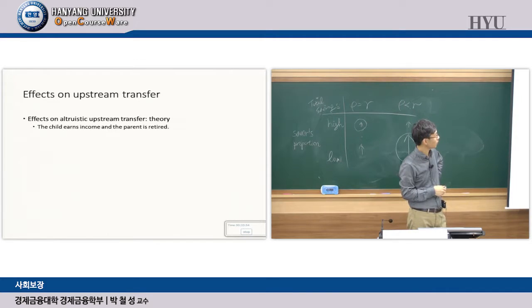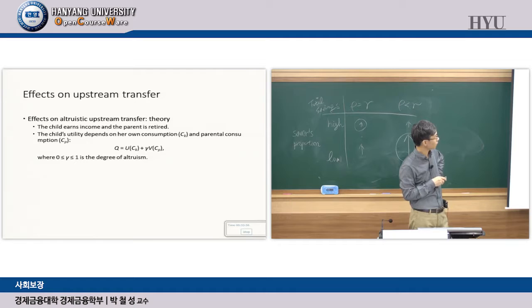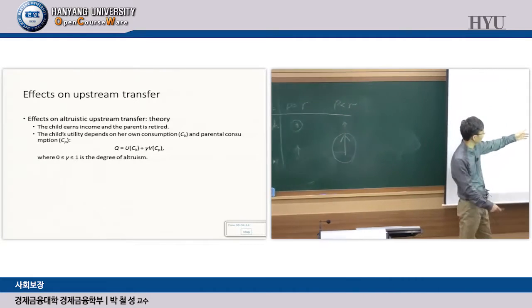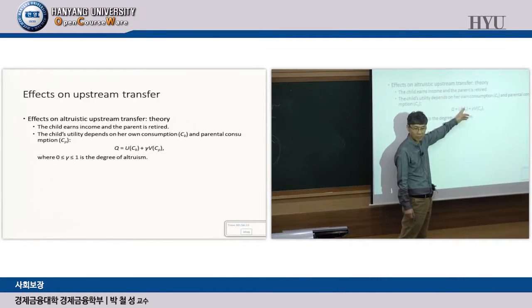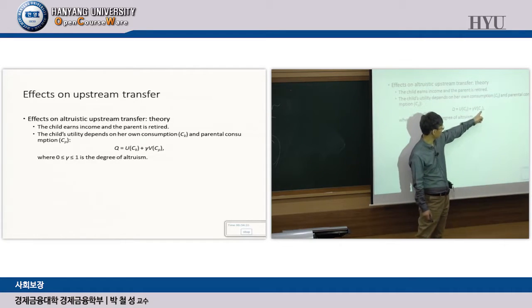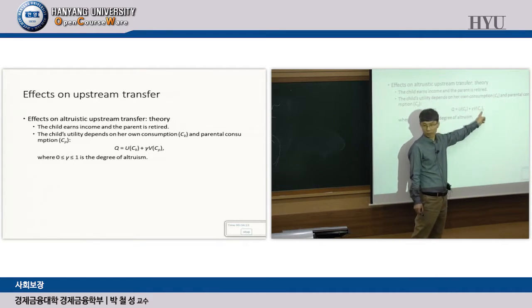First, the child earns income and the parent is retired. So we're thinking of an adult child and an elderly parent who has no income other than what I will show you later. The child's utility depends on her own consumption, which is CK. K is for kid, so we use K. CK is her own consumption, and CP, P for parents, is the parents' consumption.